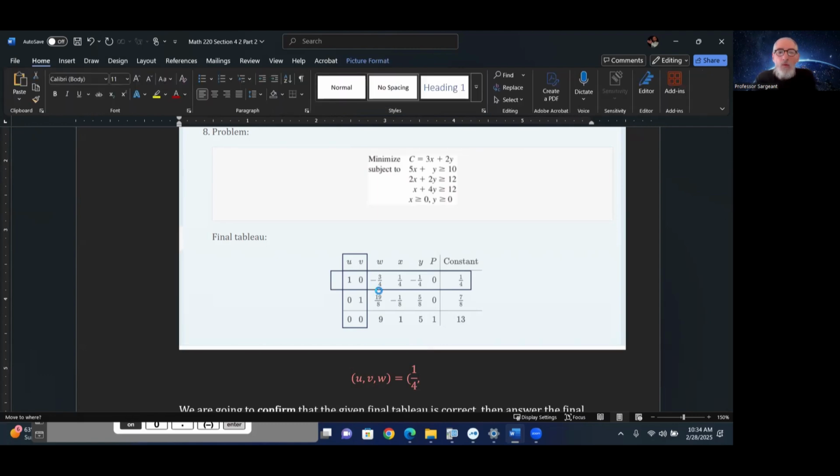Whereas for the V column, the 1 is in row 2. So from the 1 there, read over to the far right, V is 7/8.